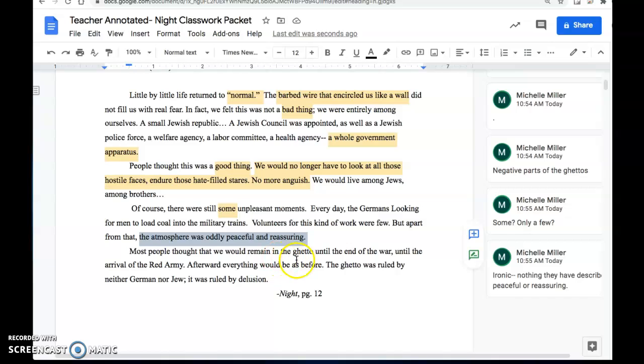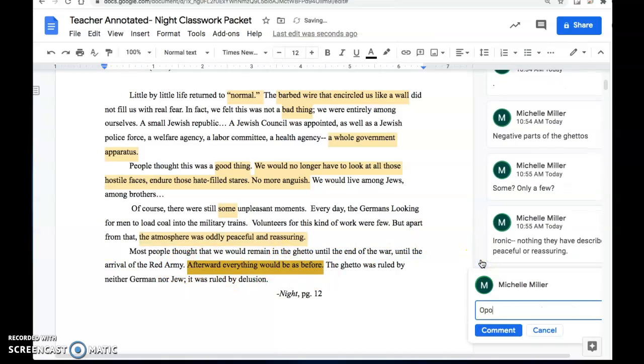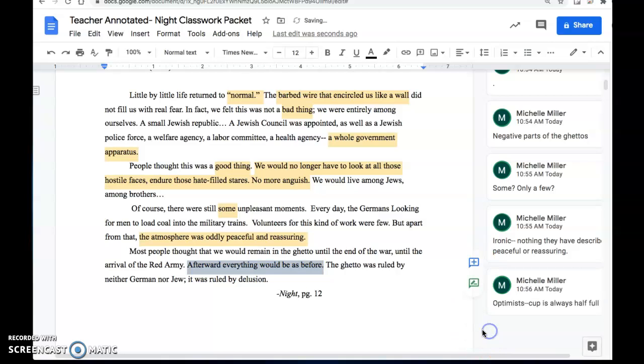Many people thought we would remain in the ghetto until the end of the war or until the arrival of the Red Army. Afterwards, everything would be as before. Throughout, until page 12, there was this big word of optimists, right? Or optimistic, like cup is always half full. They're very positive. The ghetto was ruled by neither German nor Jew.